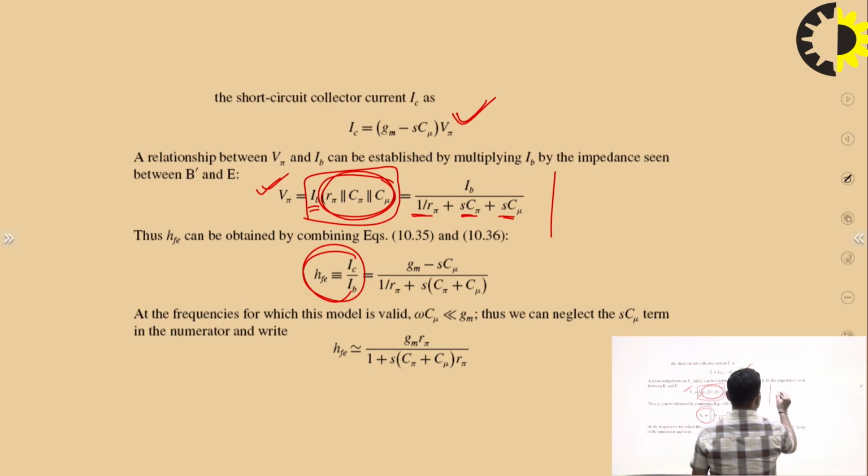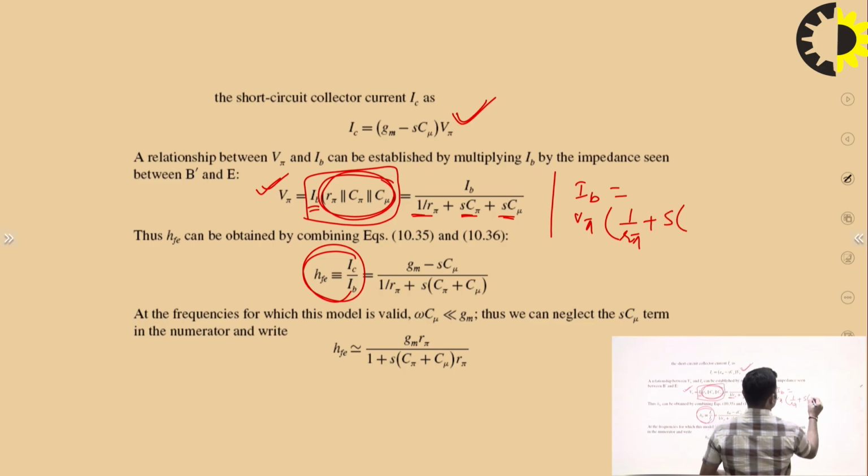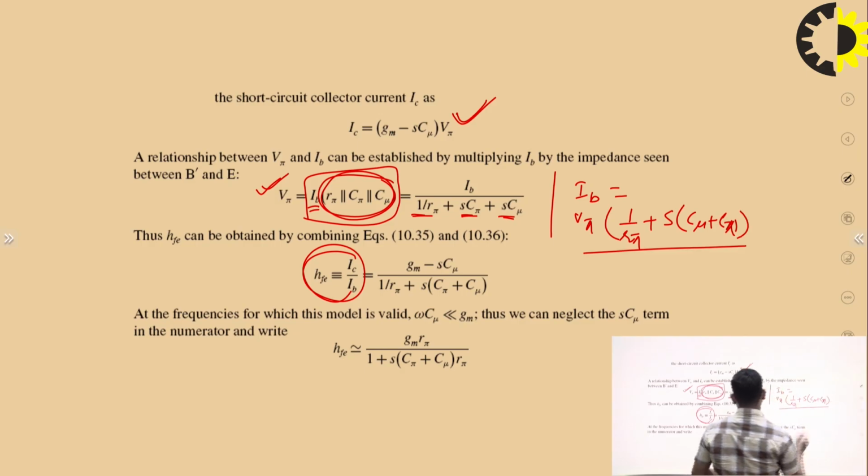Actually, from here you can find out IB is equal to V pi into (1/R pi + S (C mu + C pi)). In this way you can find this out.